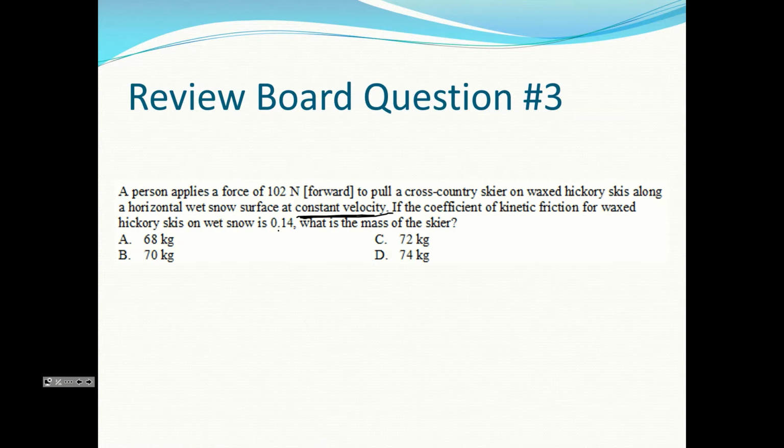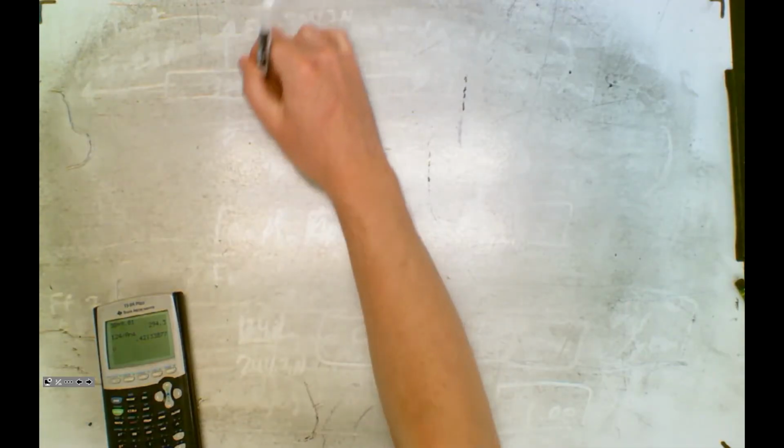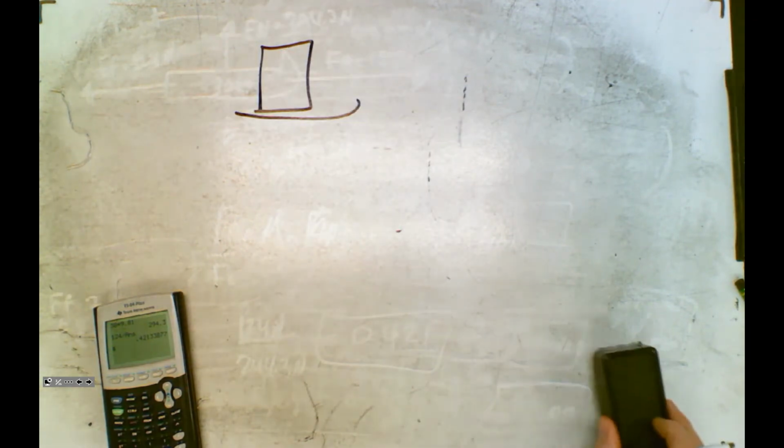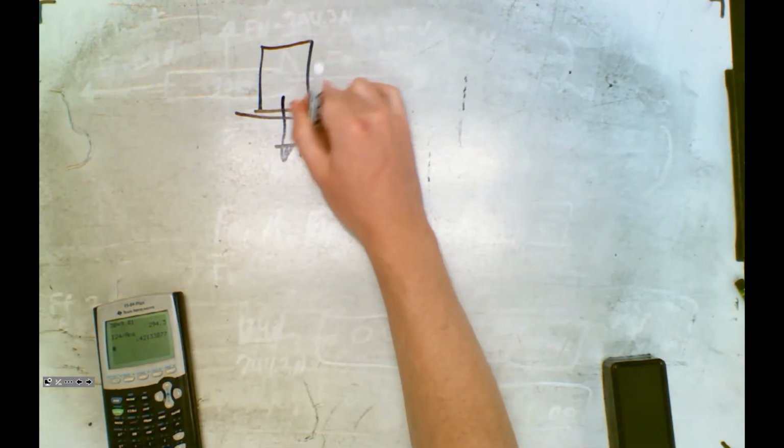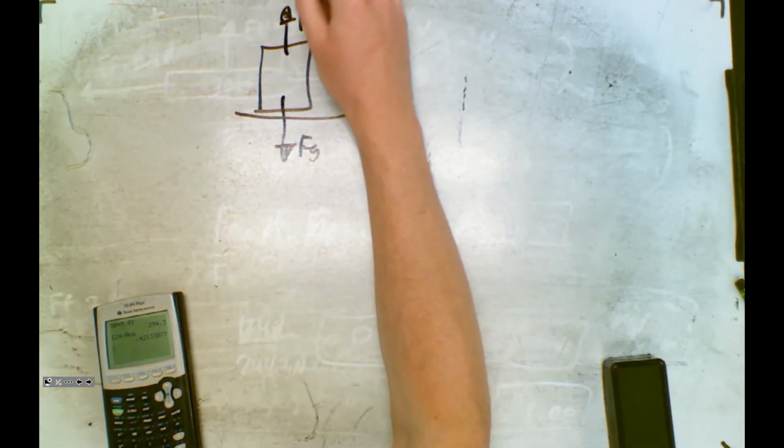Okay, so again, we'll start this with a free body diagram. That's how you should do all these coefficient of friction questions. So we have our skier like that, just a nice simple picture, and we draw our free body diagram.